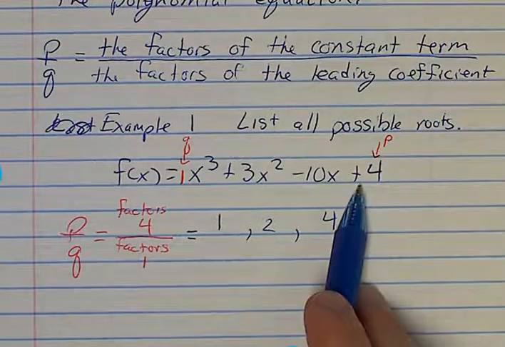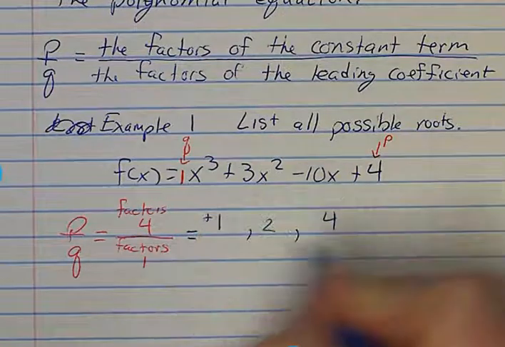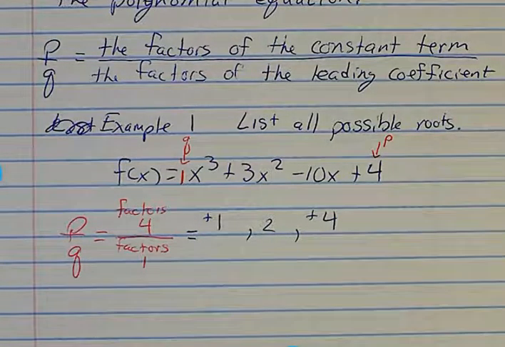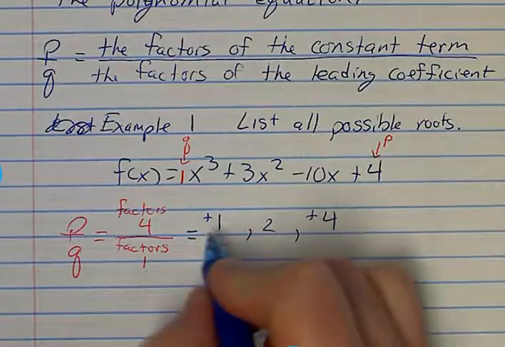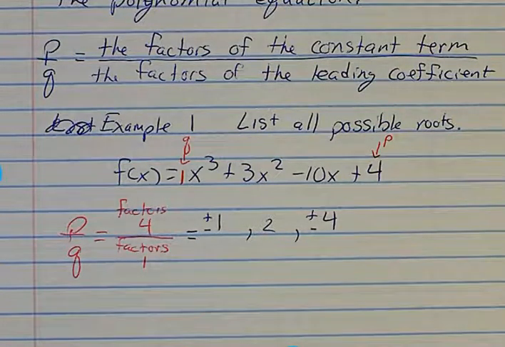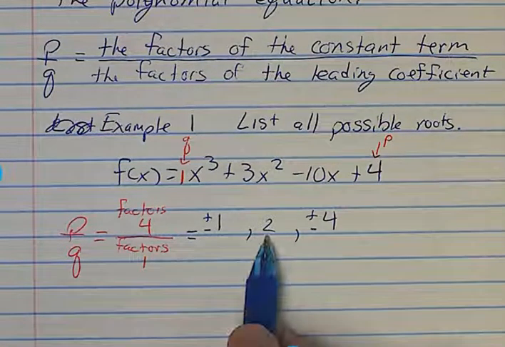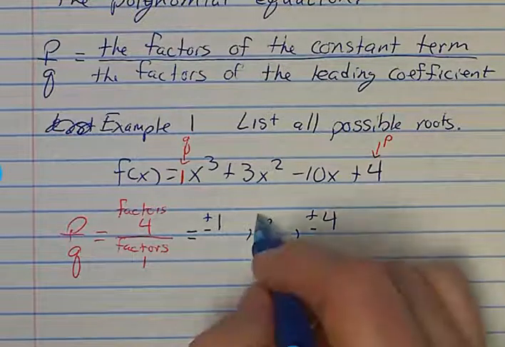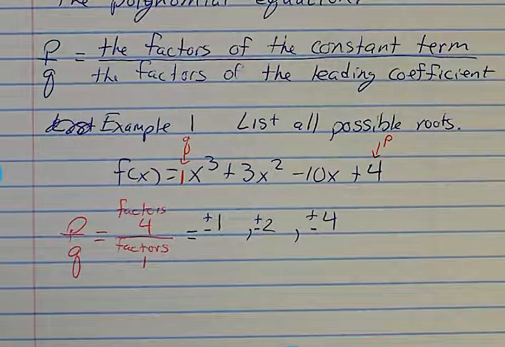And since this was a positive 4, you could do positive 1 times positive 4. You also could do negative 1 times negative 4. So we're going to say it could either be positive or negative, depending on how the signs match up. And then same thing with the 2. You could do positive 2 times positive 2, or you could do negative 2 times negative 2.